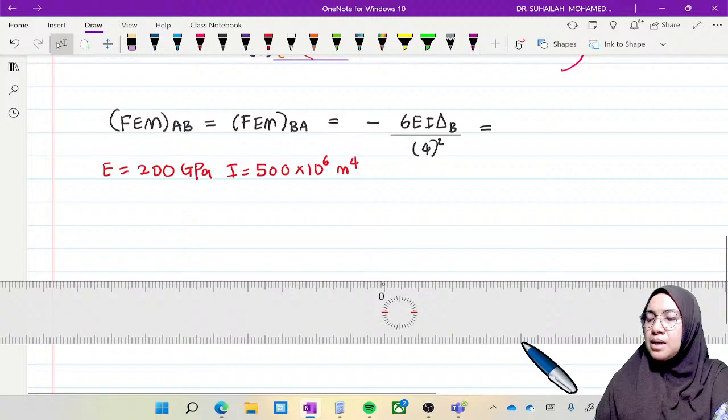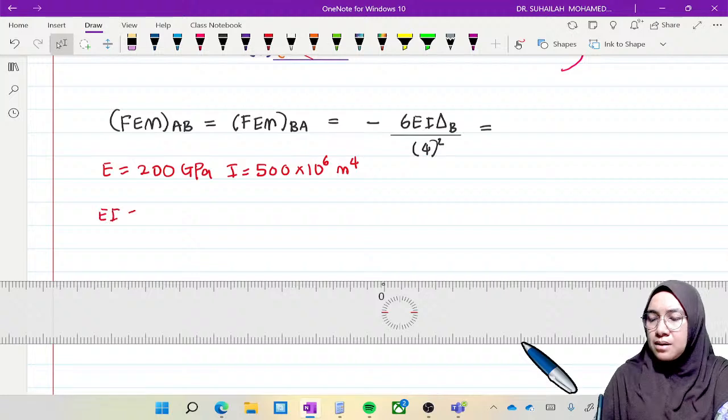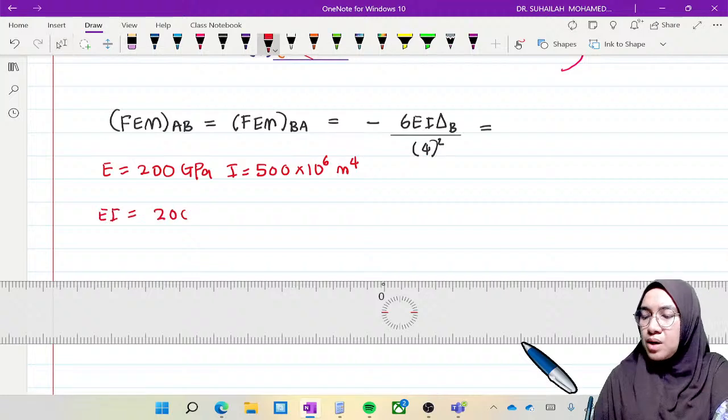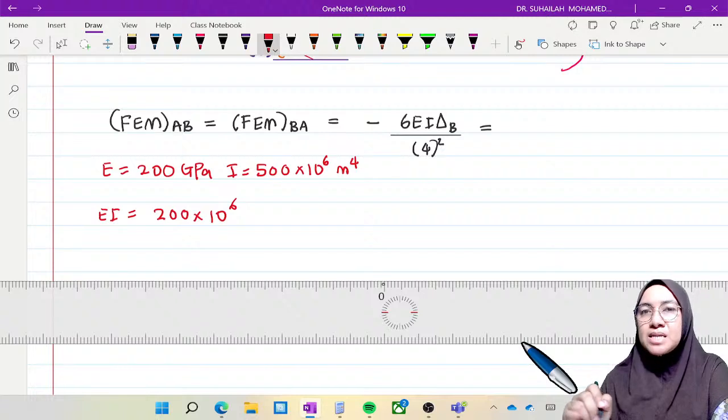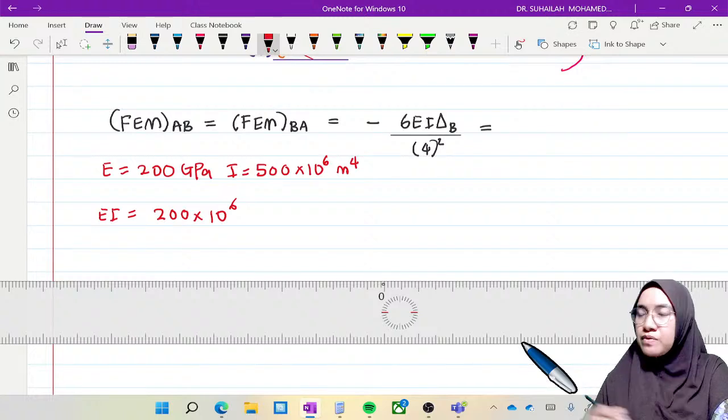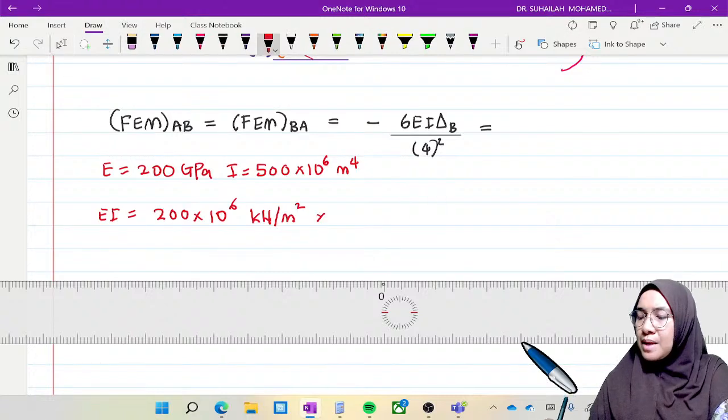So EI is equal to 200 times 10 power of 6 kilopascal. Kilopascal because Pascal itself is Newton per meter square, so it is kilonewton per meter square, times 500.